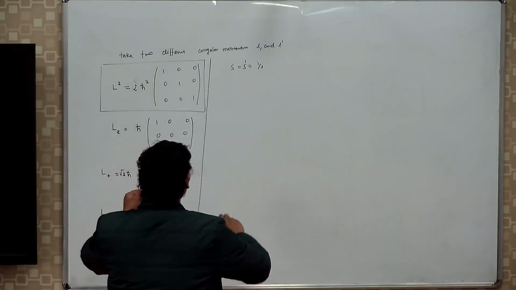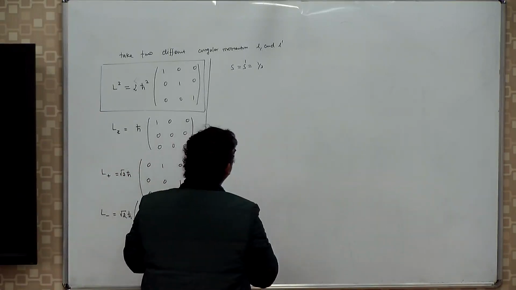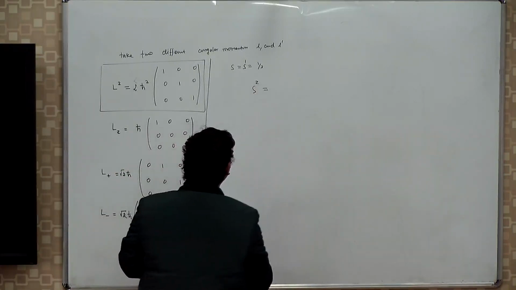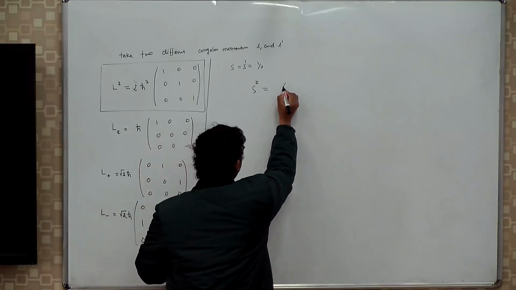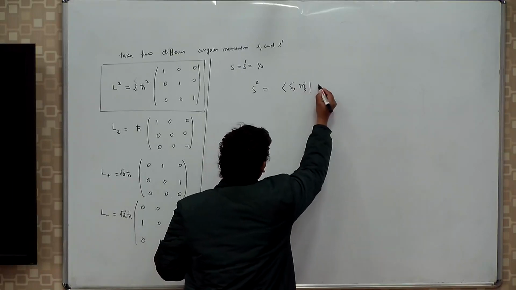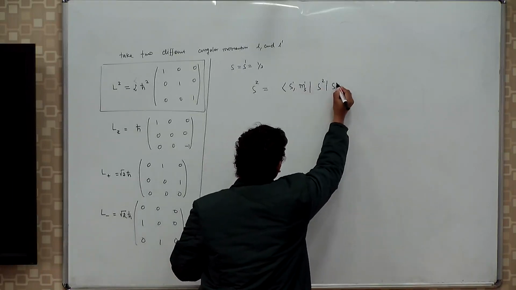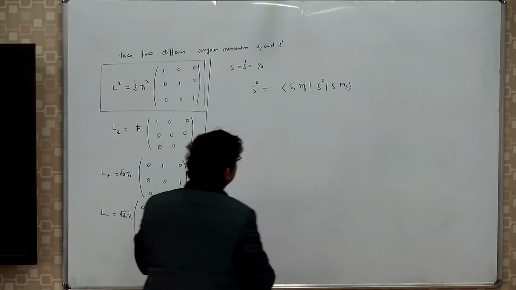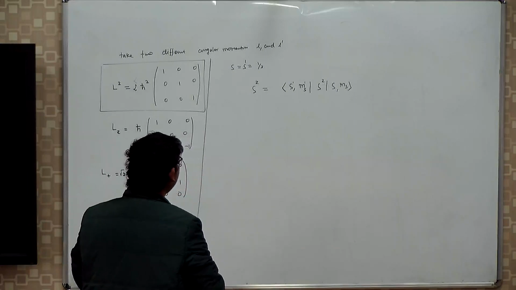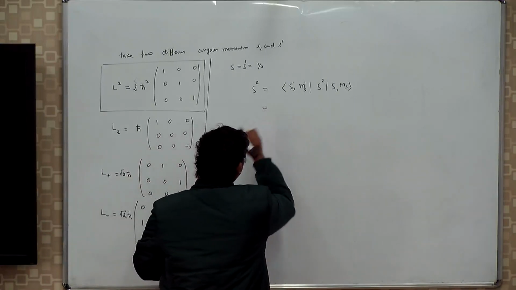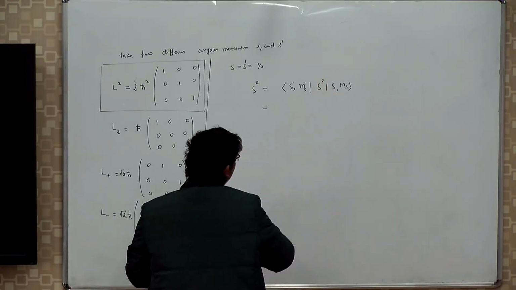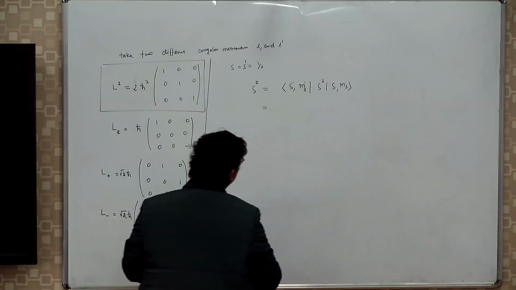Then the total spin angular momentum S squared can be written as the matrix element of S dash, m S dash, S squared, S and m S. For this case, we know the total spin angular momentum S squared acts on the state vector S comma m s.